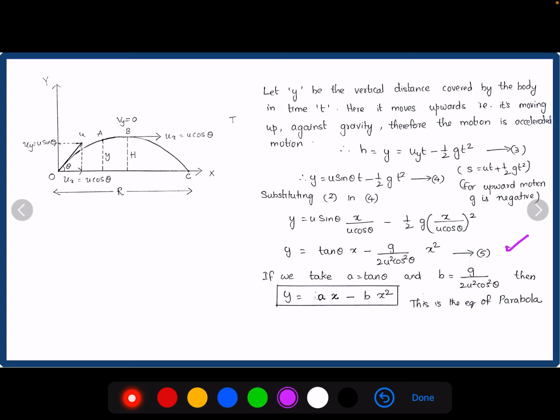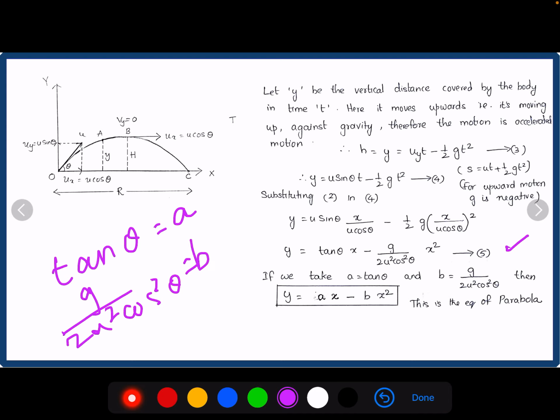Now let us take tan theta as a, and g by 2 u square cos square theta as b.